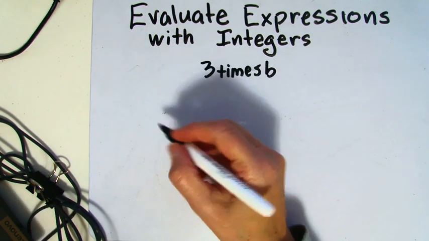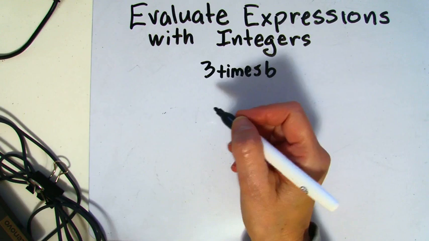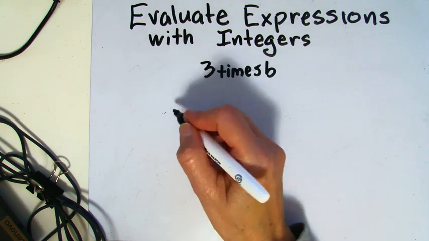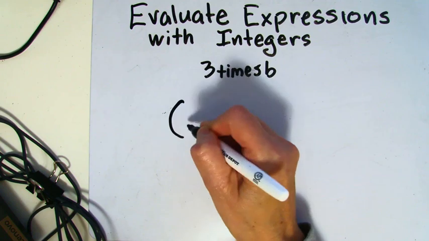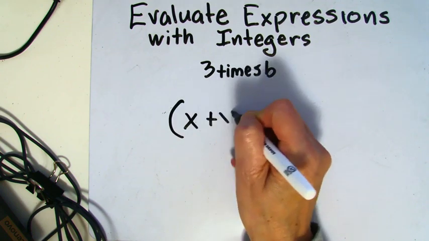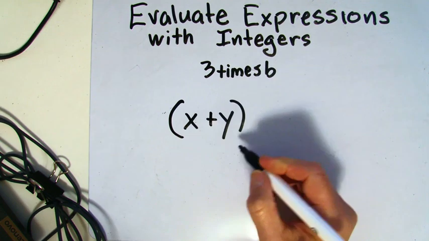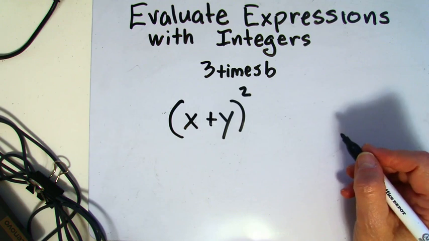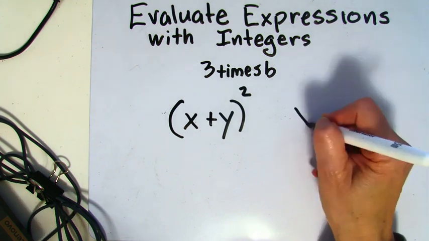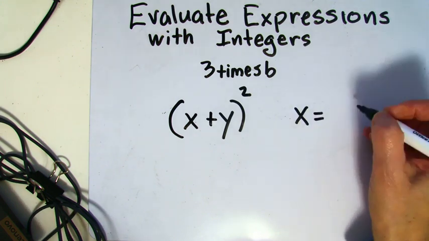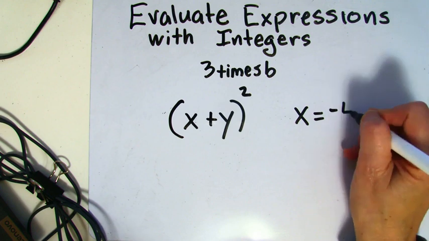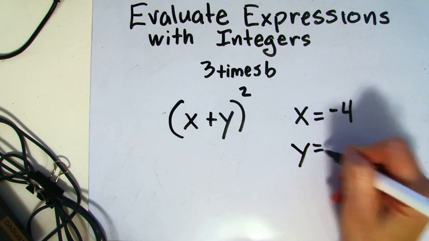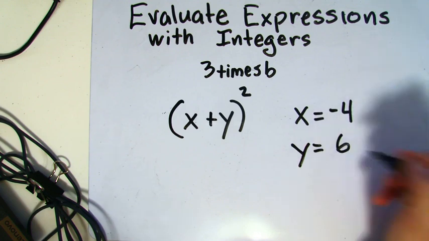And it doesn't matter what letter you're using. The book uses X and Y, so I'll go ahead and do that. We're going to evaluate the quantity of X plus Y squared, and we're going to say that X equals -4 and Y equals 6.